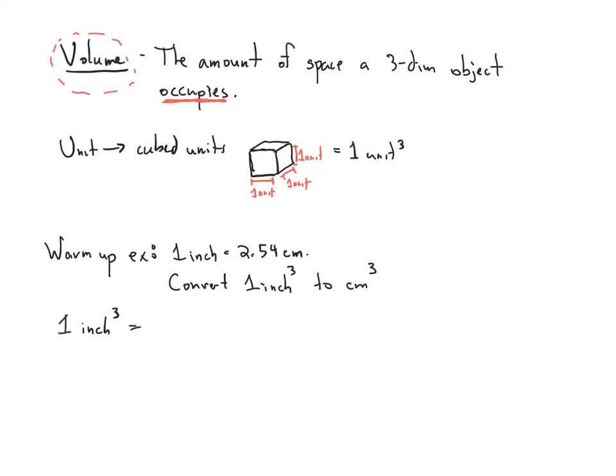So we want to, in fact, maybe I'll make this a multiplication, of course. So let's multiply this by the correct unit fraction. I want to get rid of inches, so we'll put inches down the bottom, and centimeters up top. There's one of the dimensions converted from inches to centimeters.